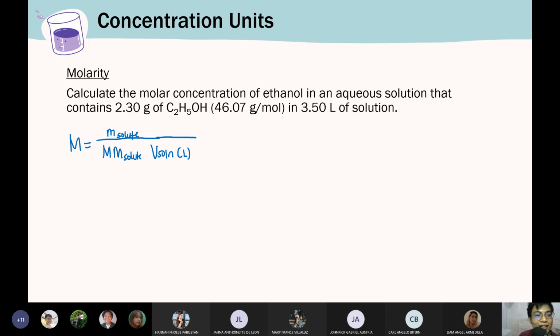Anyway, sabi dito, calculate the molar concentration of ethanol in an aqueous solution that contains 2.30 grams of ethanol. The molar mass is 46.07 grams per mole in 350 liter solution. Okay? Given na yung mass, molar mass, volume, hanapin ang molar concentration or the molarity.